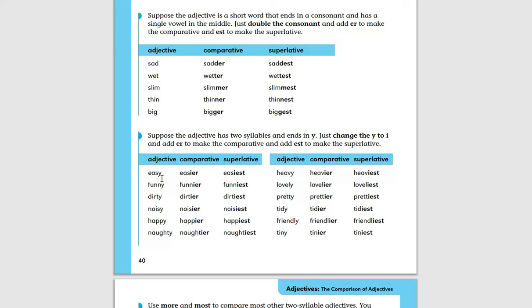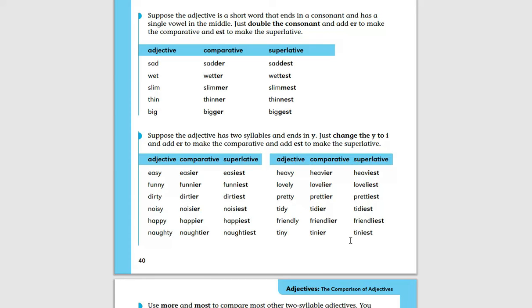Okay, easy. So we change Y to I and add ER for the comparative, which means easier. And for the superlative, add EST to make the superlative. So easiest. Funny, funnier, funniest. And same with other examples.